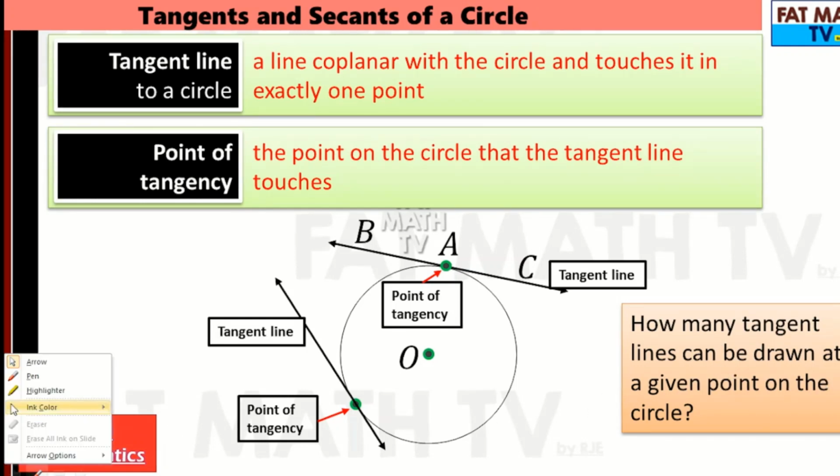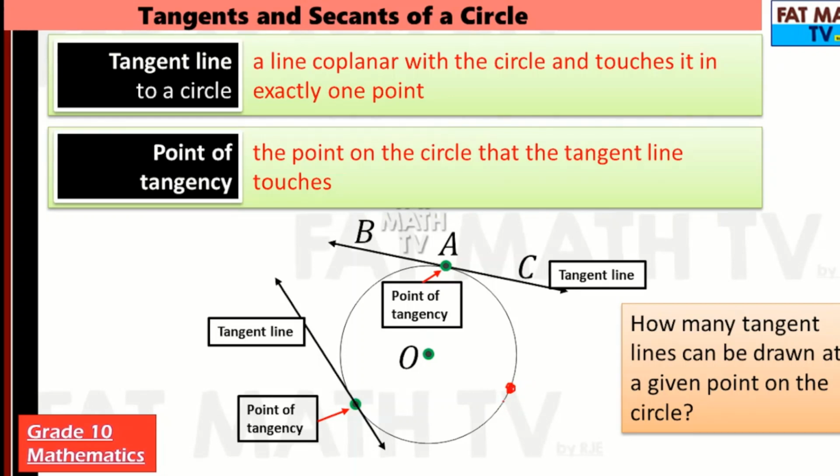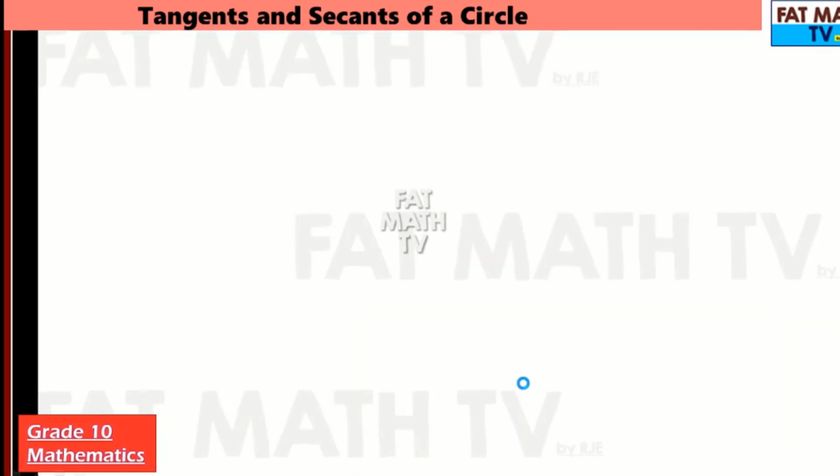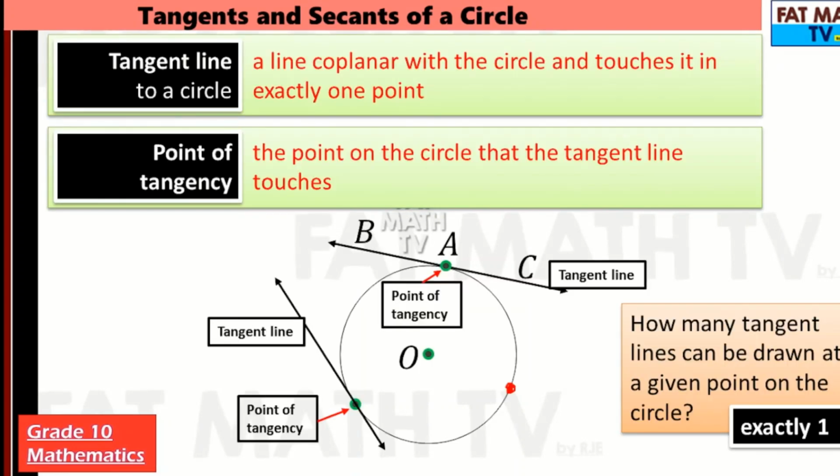For example, we have a point here on the circle. How many lines can you make passing through this point that touch the circle at only one point? Exactly one. So the tangent line to a circle at a point is unique.